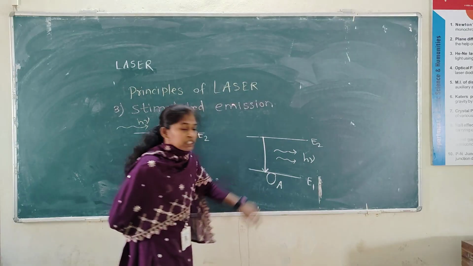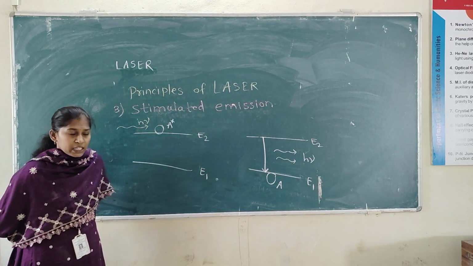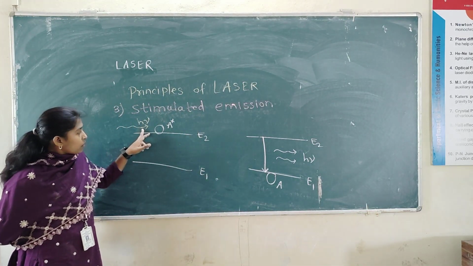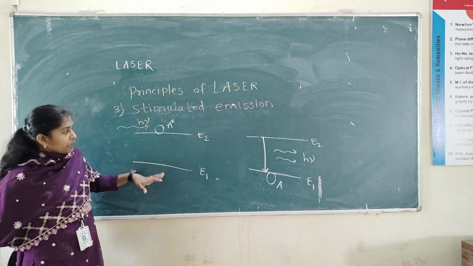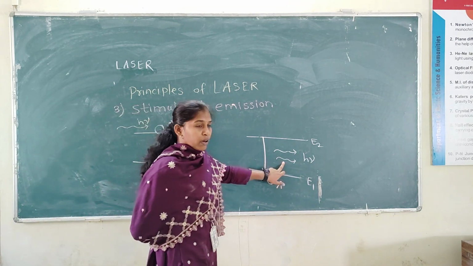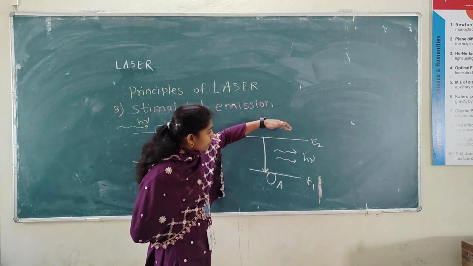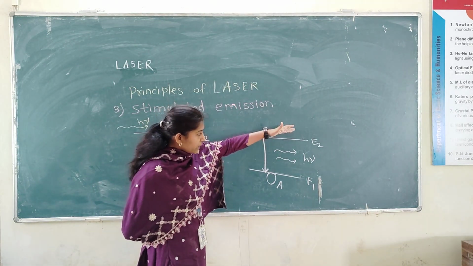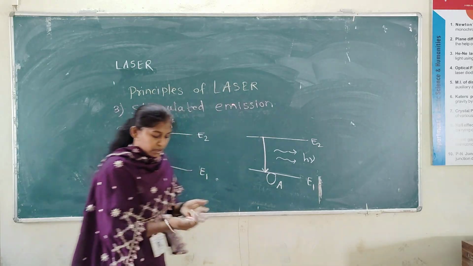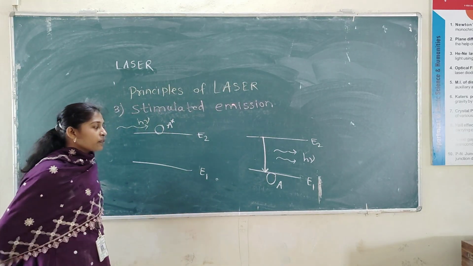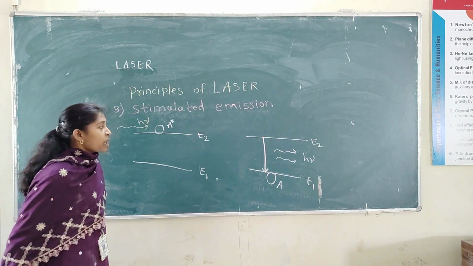Here a multiplication of the incident photon takes place. It means there is the original incident photon and there is the photon emitted by the transition of the atom from the excited state to the ground state. So a multiplication of photon energy takes place.